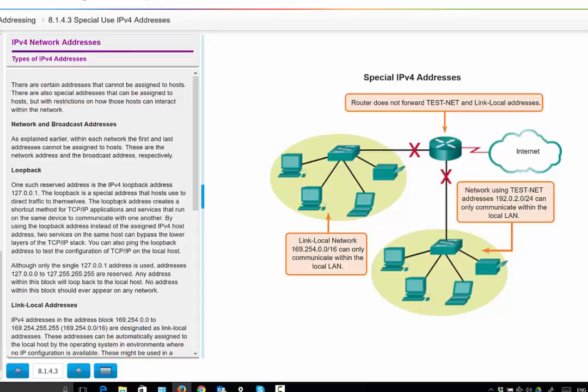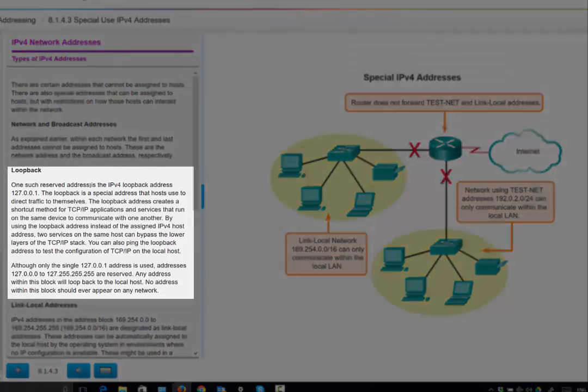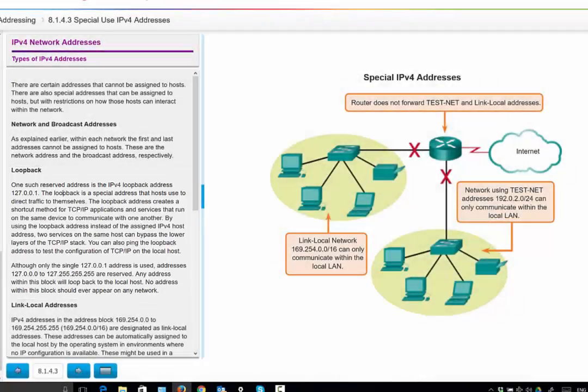The first one is what we call a loopback address. As we have learned before, the loopback address is used to ping or to send a packet from a host to itself. This is a way for the host to verify whether the TCP/IP stack is actually working or not.